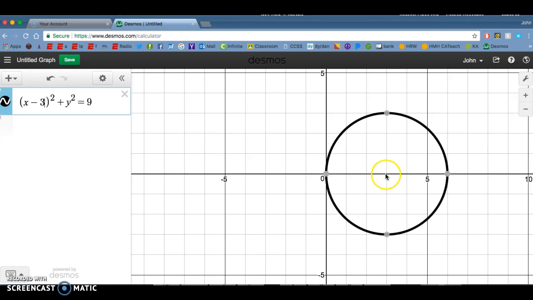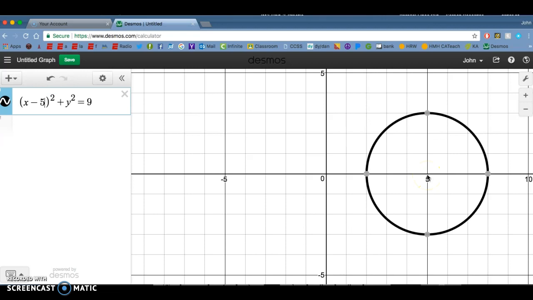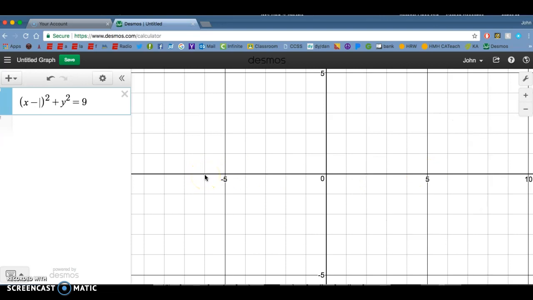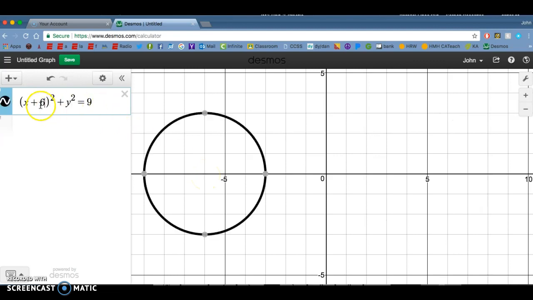If I want my center to be at 5, I would do x minus 5. And there we have it. So changing my x changes the left and right center of my circle. Again, if I wanted to make my center at x equals -6, I would add 6 inside. So x plus 6 gives me that center right there.